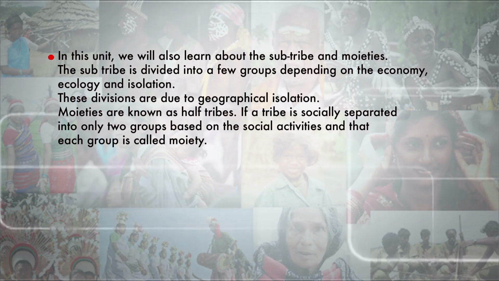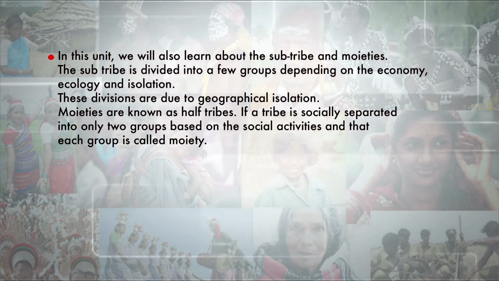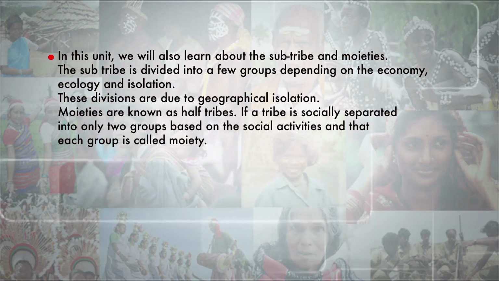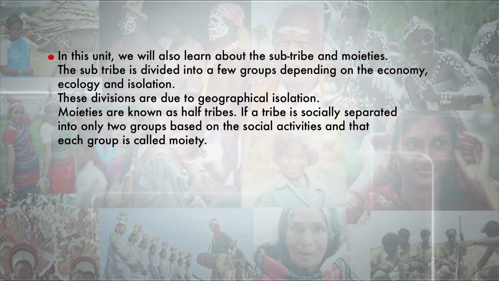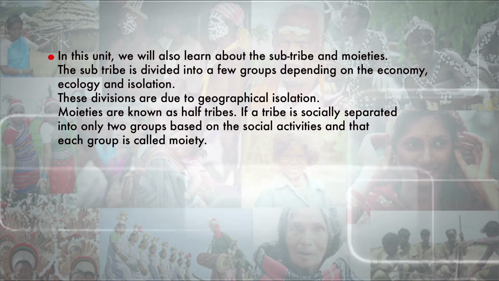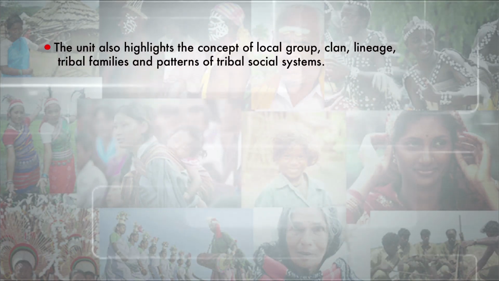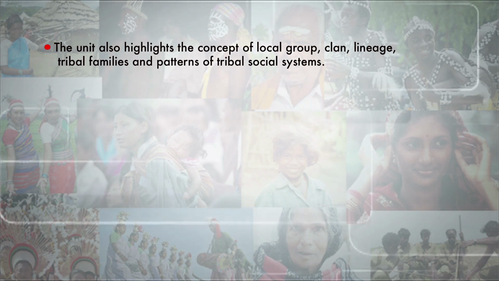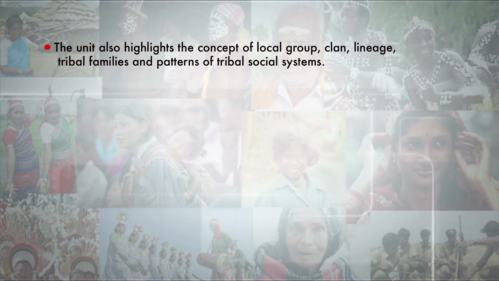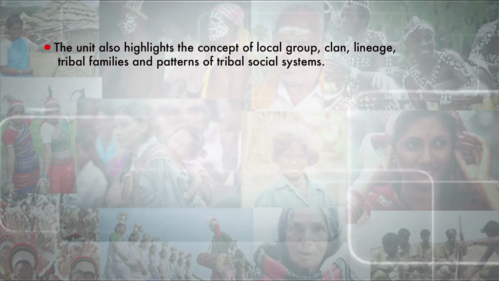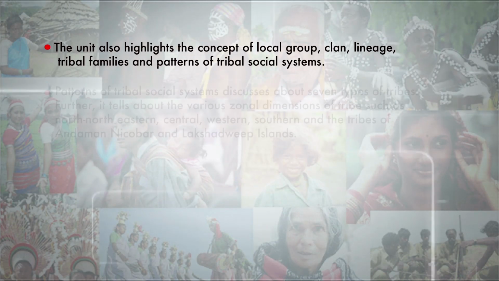Moieties are known as half-tribes. If a tribe is socially separated into only 2 groups based on the social activities, each group is called a moiety. The unit also highlights the concept of local group, clan, lineage, tribal families, and patterns of tribal social systems.